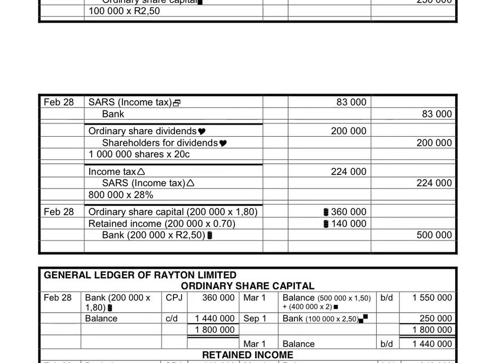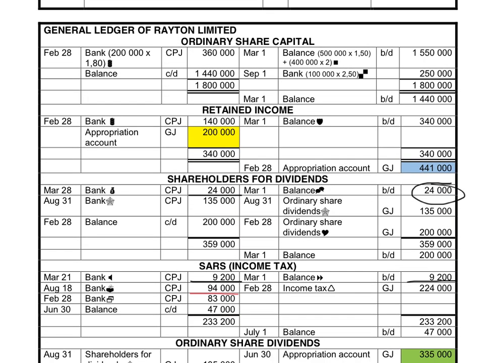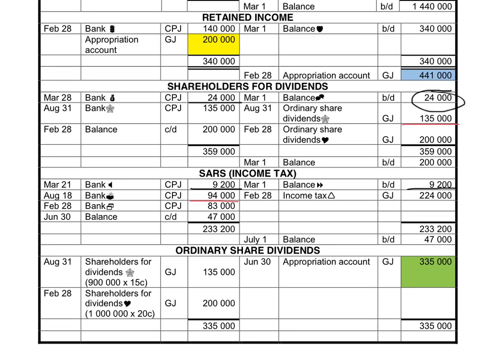If we look at the ledger accounts, the shareholders for dividends will be credited with 135,000 to indicate that that is the amount that we must pay to them for dividends. And we will show in our ordinary share dividend account that the expense is debited with 135,000.